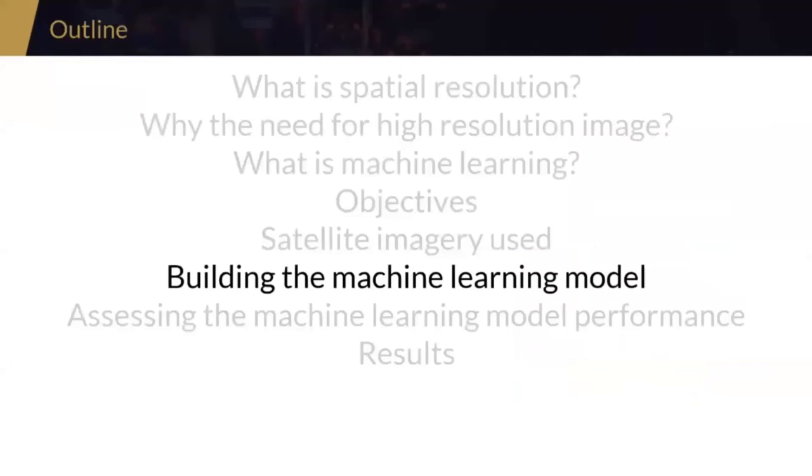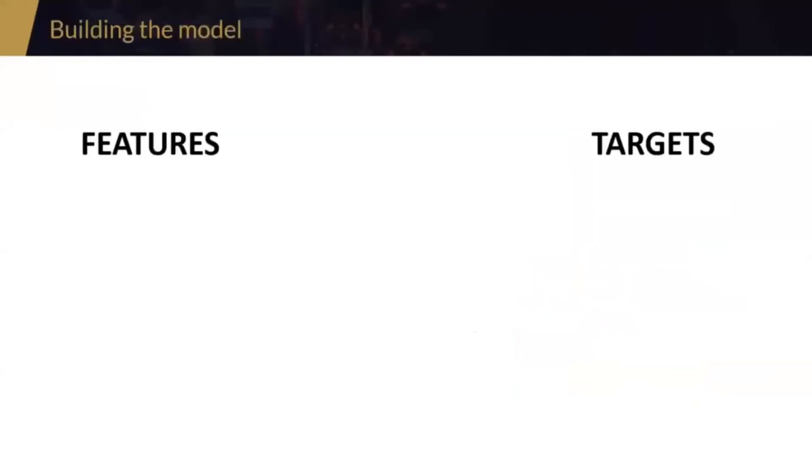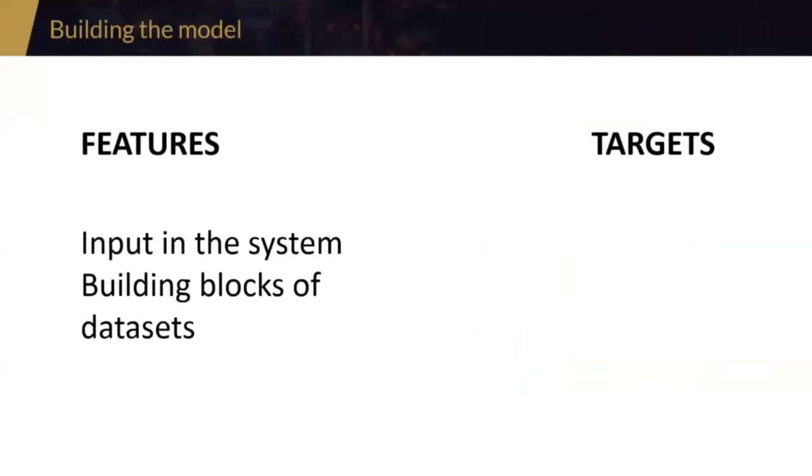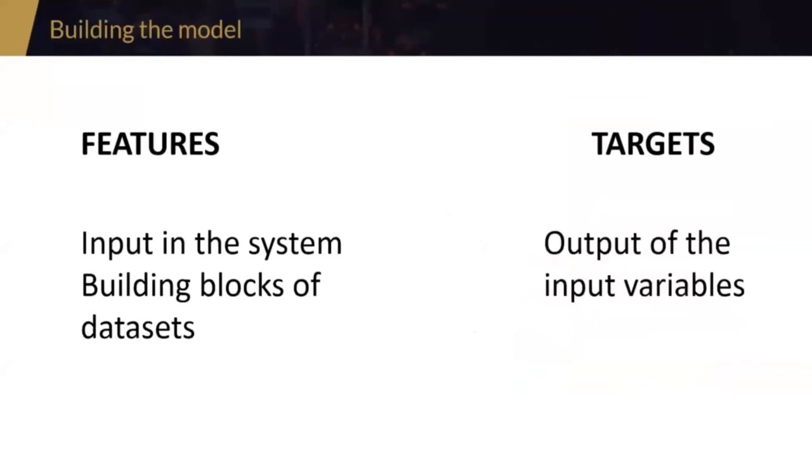Next, we discuss how we build the machine learning model to learn from the data. First things first, let's define two important terms, the features and the targets. Features are the input in the system and serve as the building blocks of datasets. Targets, on the other hand, are the output of the input variables.